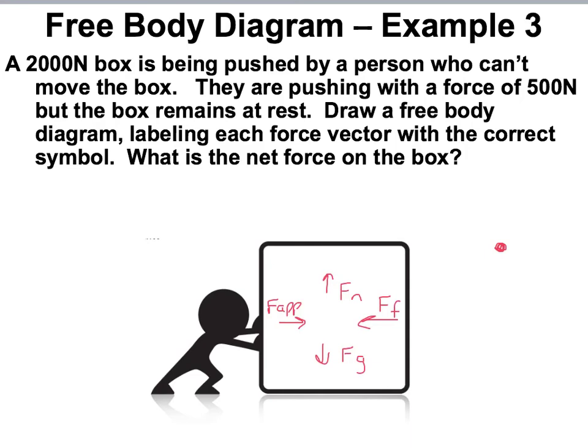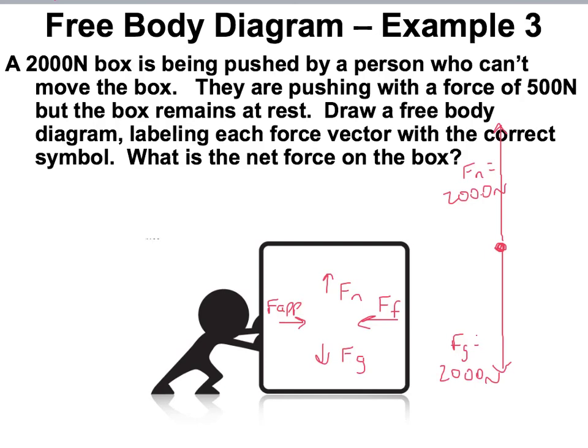Alright, so first I'm going to draw in the gravitational force and the normal force. Here's the gravitational force of 2,000 newtons, and the normal force is equal and opposite, 2,000 newtons. Then I'm going to draw in the applied force and the friction force.